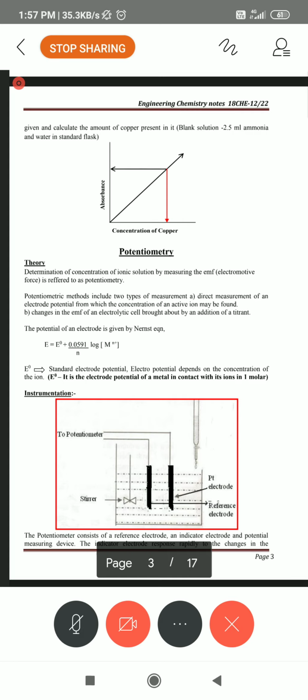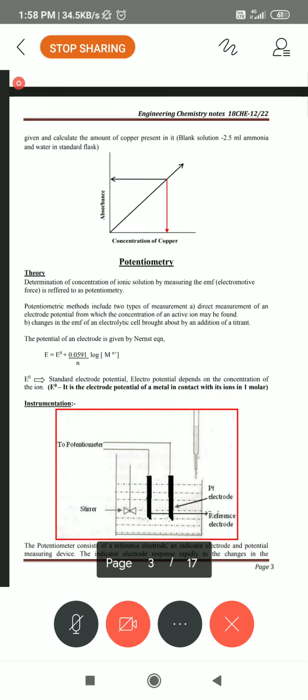So we fix the colorimeter wavelength at 620 nanometer, because maximum absorption takes place at 620. Then prepare a series of standard solutions, prepare the blank solution, take the unknown solution, fill the cuvette, and take the readings.